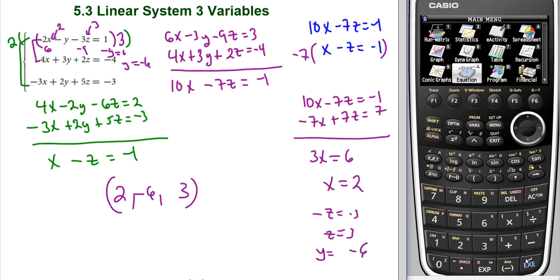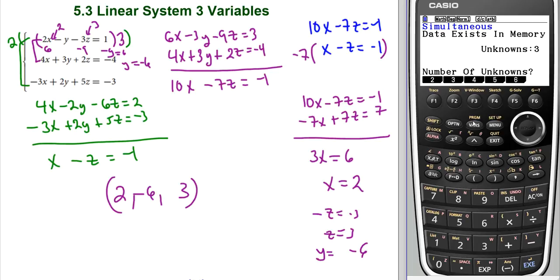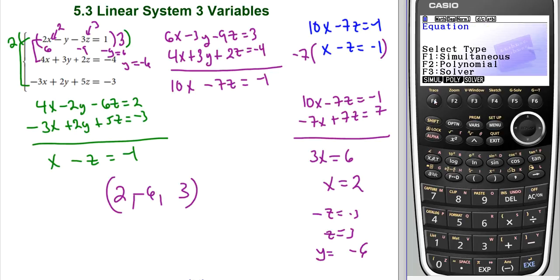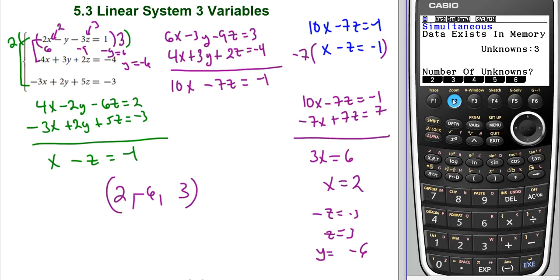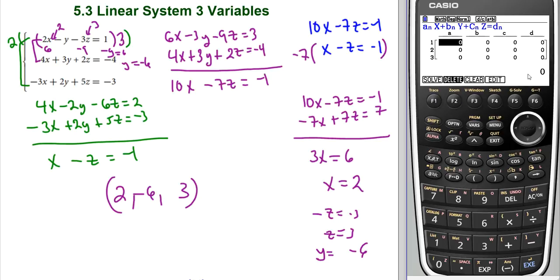So I'm going to go to my equation solver. Right here I would hit simultaneous, F1. And I have 3 unknowns. And I have my matrix. This should look familiar to you. I'm going to put in my matrix, and it needs to be in standard form. 2 for X, negative 1 for Y, negative 3 for Z. I should have inputted this before I showed you, but that's all right.